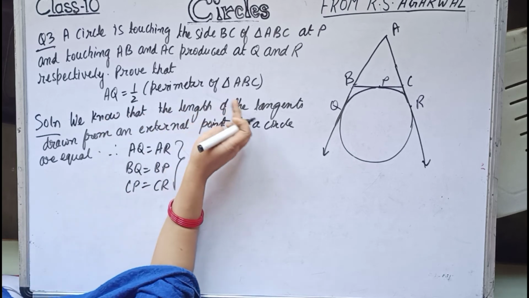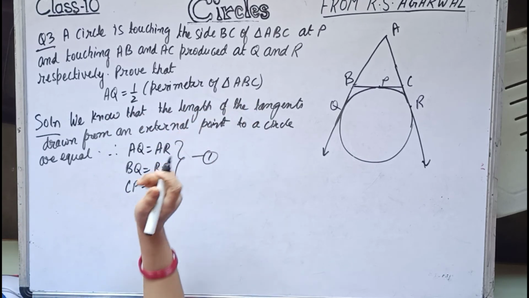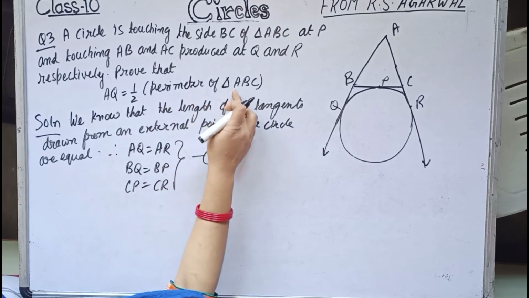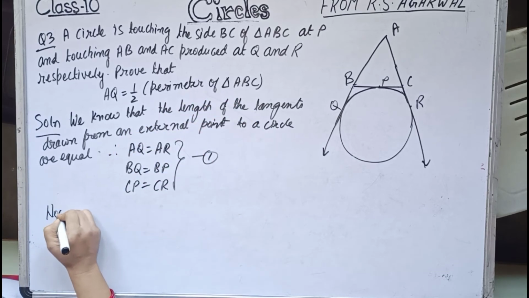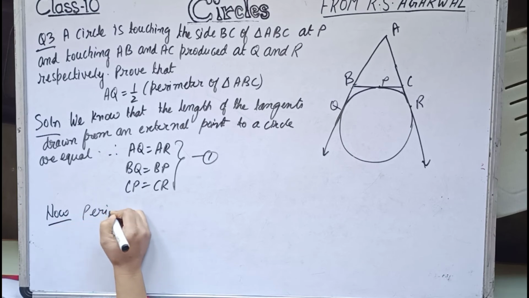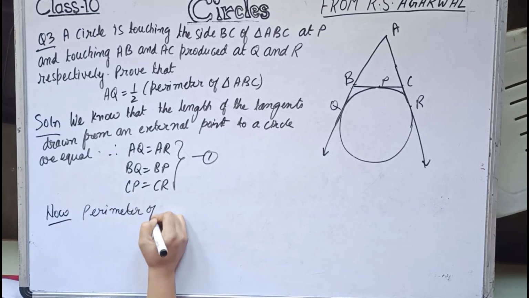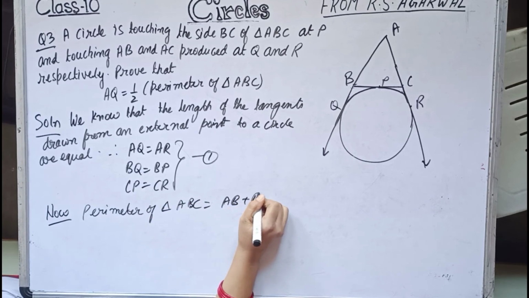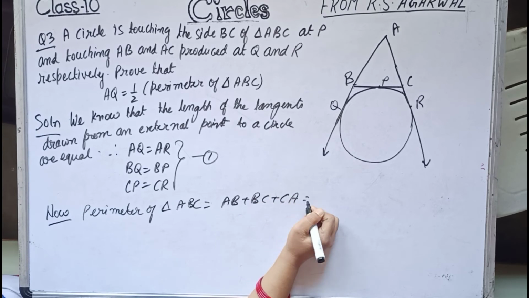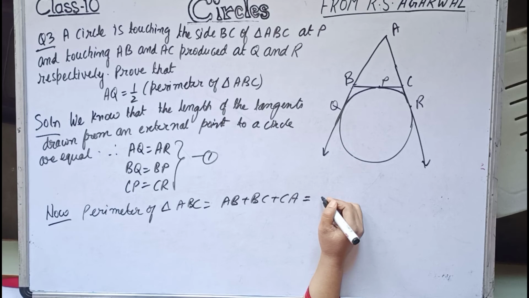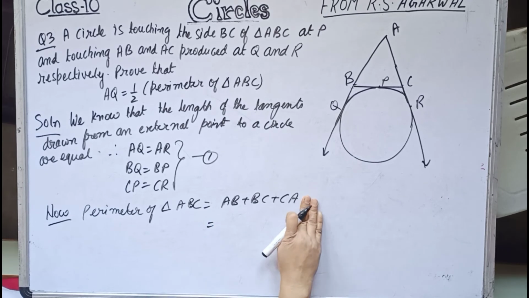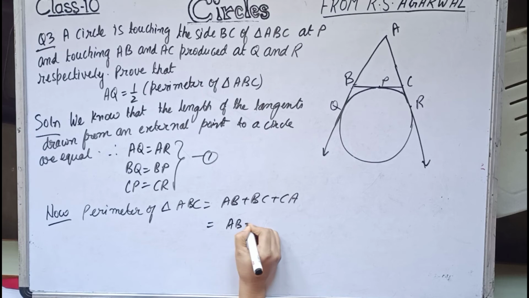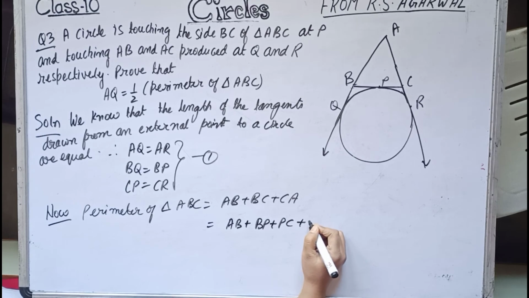Now we have to prove that AQ equals half the perimeter of triangle ABC. So let us start either from RHS or LHS. I am starting with the perimeter of triangle ABC. Perimeter of triangle ABC equals AB plus BC plus CA. Now BC can be written as BP plus PC, and CA we will be leaving as such.